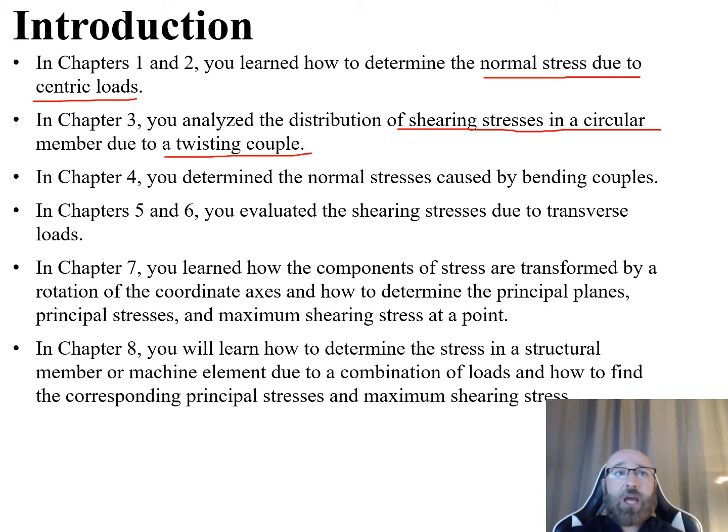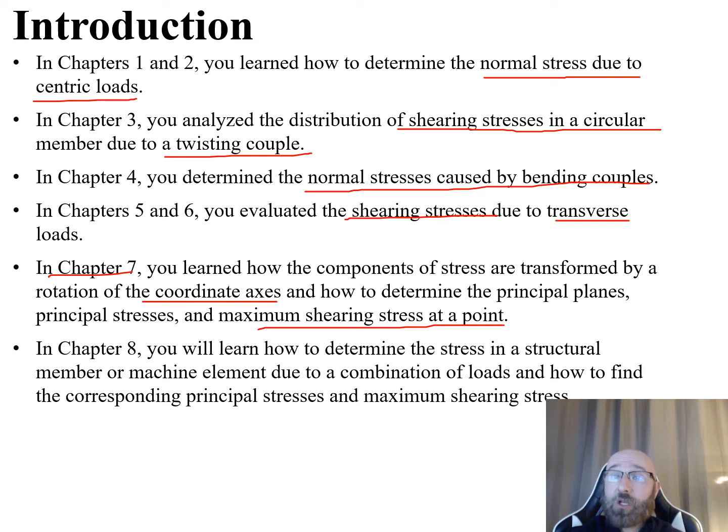From there we went to Chapter 4, where we looked at the normal stresses caused by bending couples. In Chapters 5 and 6, we evaluated our shearing stresses due to transverse loads. Then in Chapter 7, we learned how the components of stress are transformed by a rotation of coordinate axes and how to determine the principal planes, principal stresses, and the maximum shearing stress at a point.